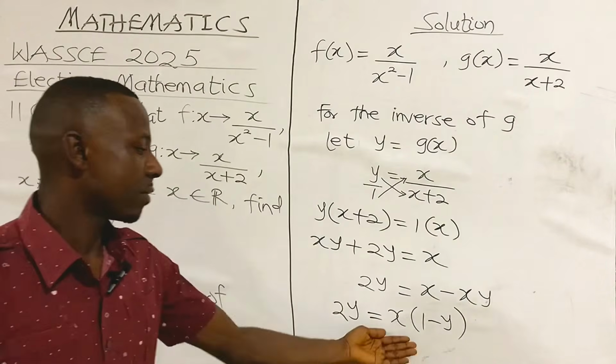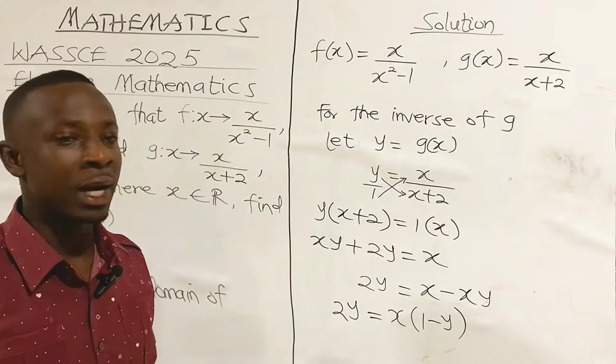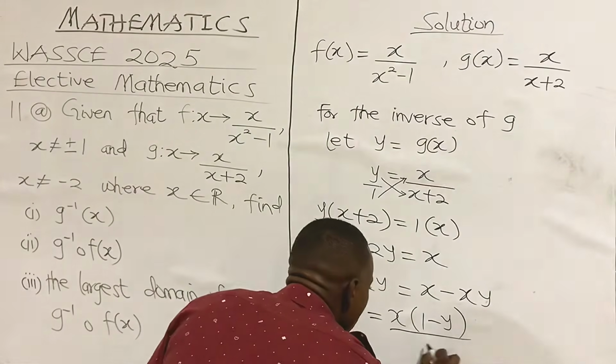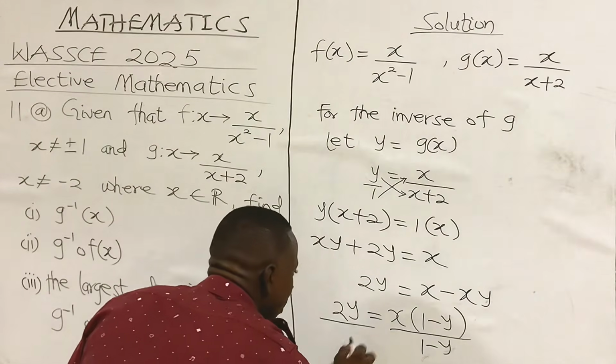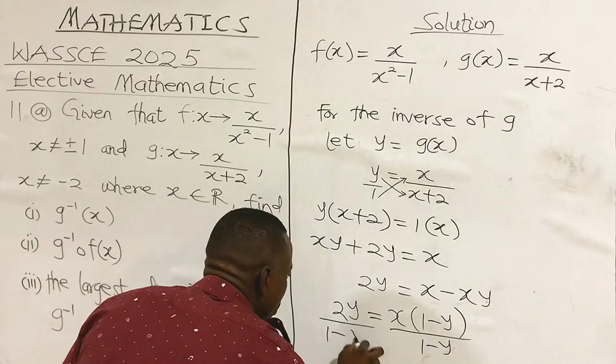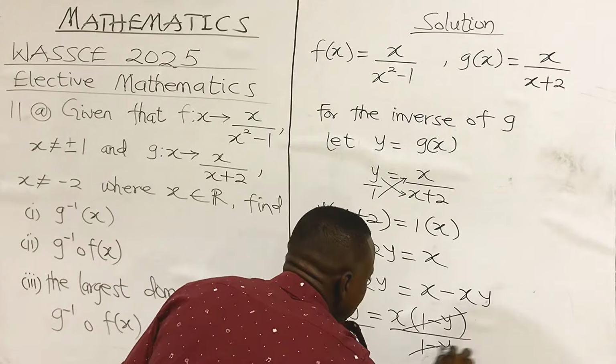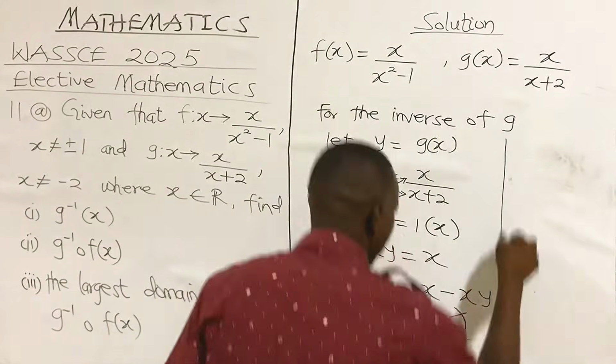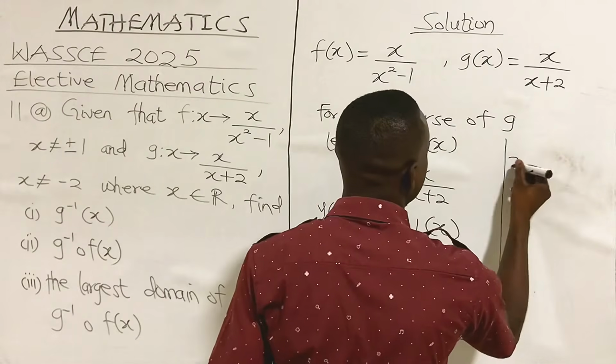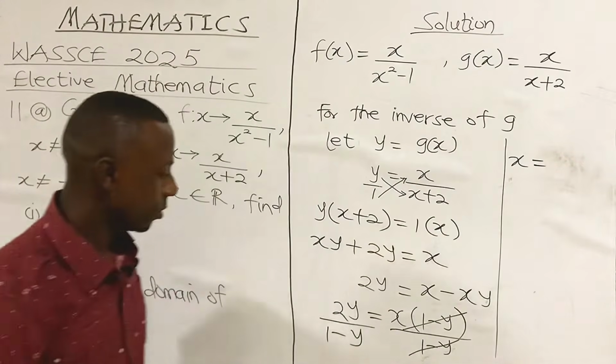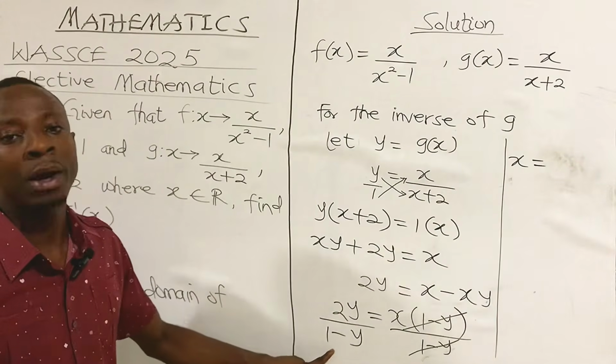So from here, I am going to divide through by 1 minus y, here by 1 minus y. This will take off this. So I'm going to get my x to be equal to 2y over 1 minus y.